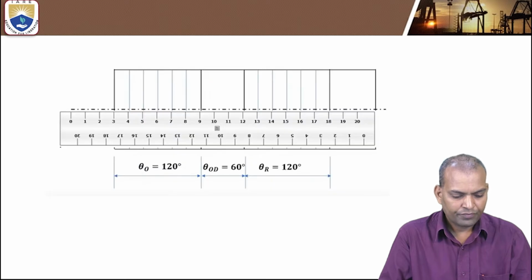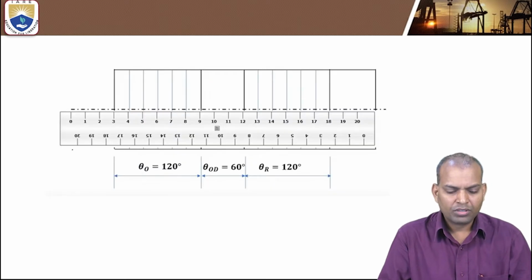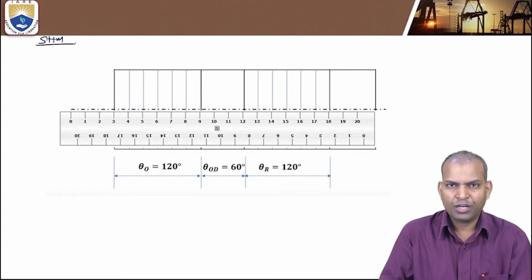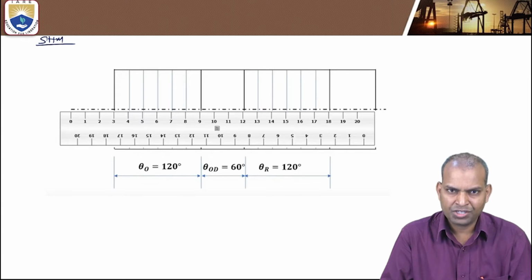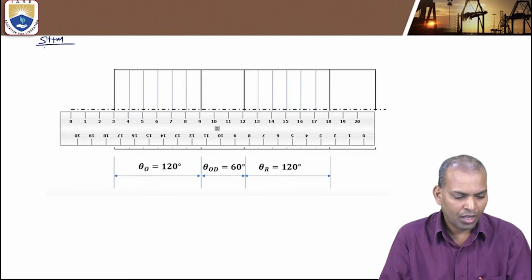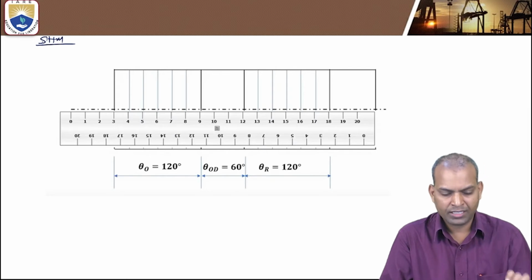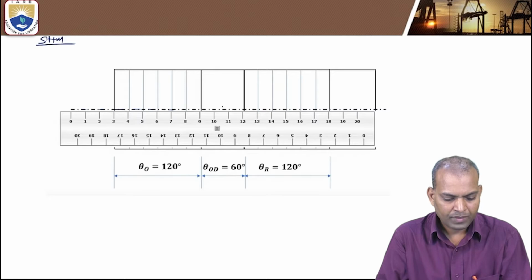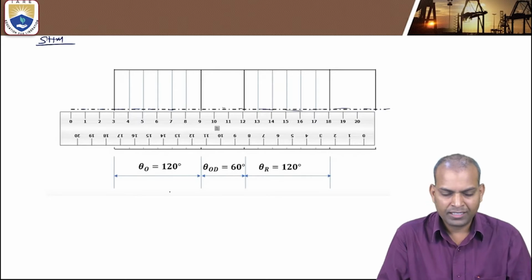Then we have to draw the follower motion, which is simple harmonic motion. The simple harmonic motion diagram is different from the uniform velocity motion and uniform acceleration and retardation motion diagrams. Now we are drawing the simple harmonic motion diagram. Take a scale, draw a center line of the given diagram.